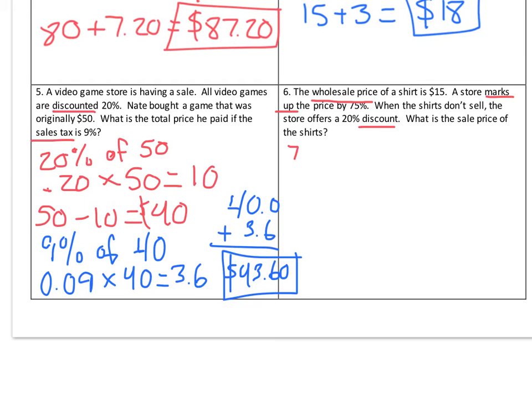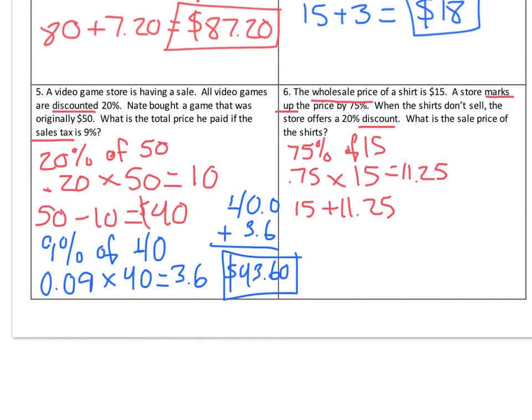So my first step is to do 75% of 15, which is 0.75 times 15. And when I do that, I get 11.25. So the store marks it up 15 plus 11.25 to 26.25.